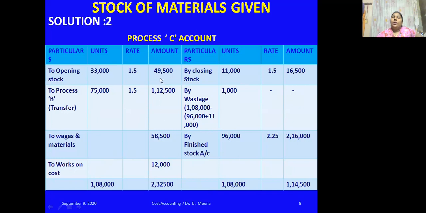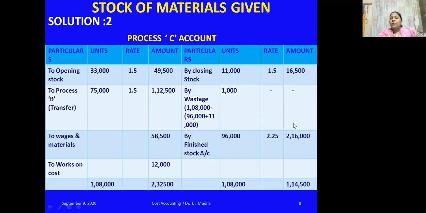Then I showed the debit side total 2,32,500 minus the amount so far I credited, 16,500. So what is the balancing figure? 2,16,000 is the cost of the output of this process. Then how do I calculate the rate per unit? 2,16,000 divided by 96,000, 2.25.